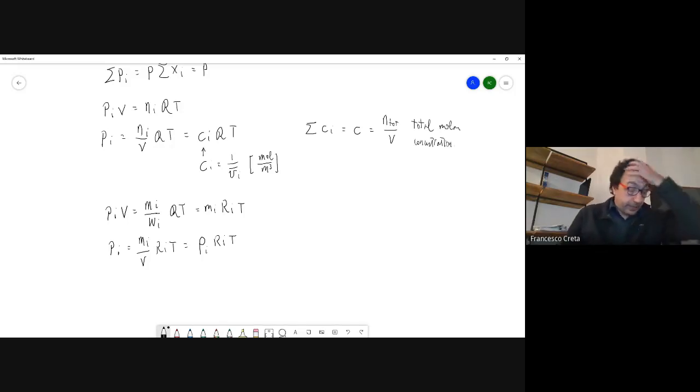So obviously in kilograms per cubic meter.